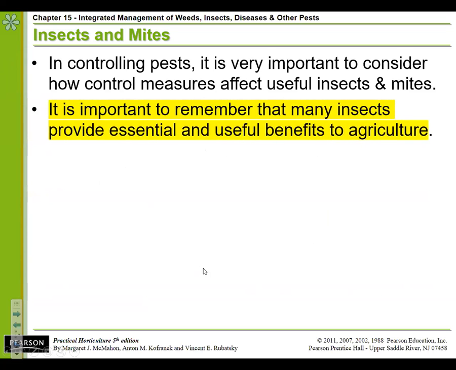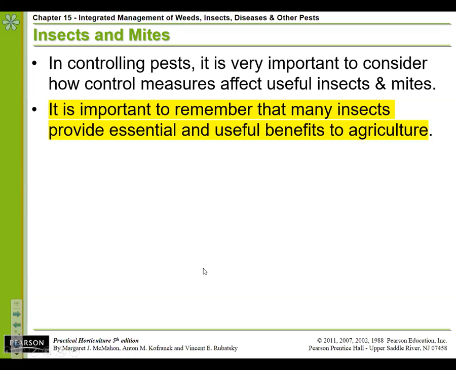So one of the things that we want to think about in insects, mites, other arthropods, is that most of the insects that are in our fields, in our ecosystems, are actually providing essential ecosystem services, and in some cases many useful benefits to agriculture.